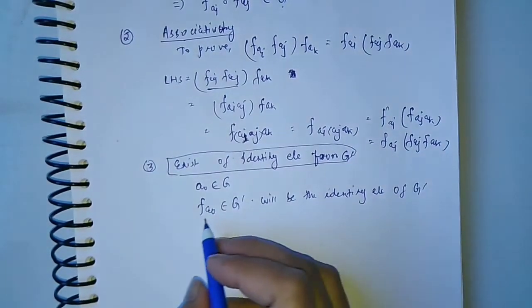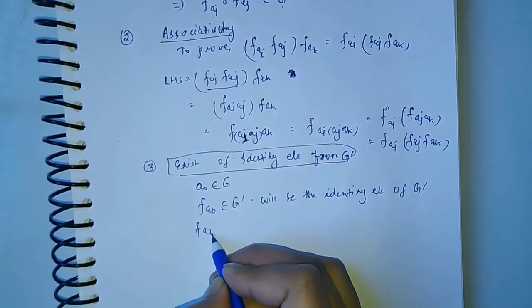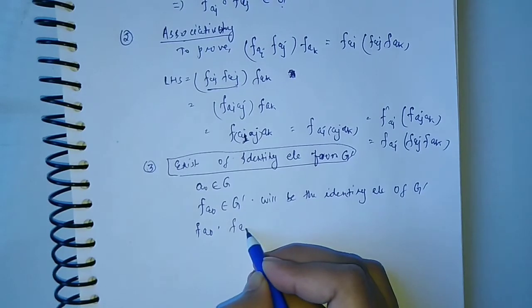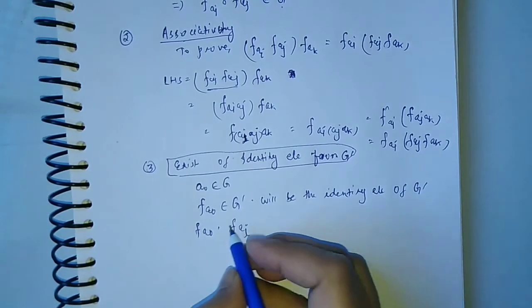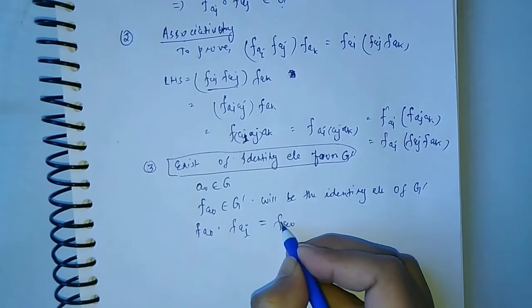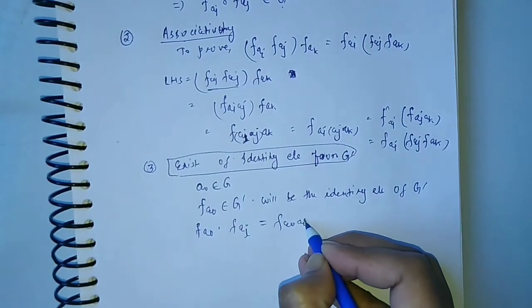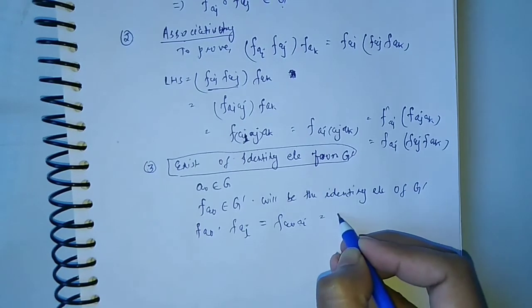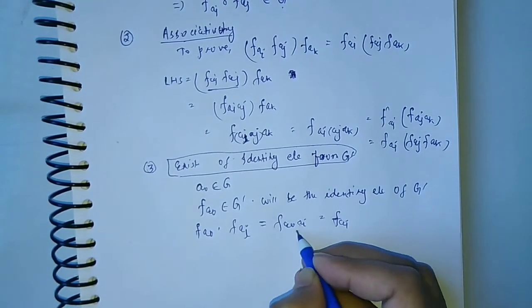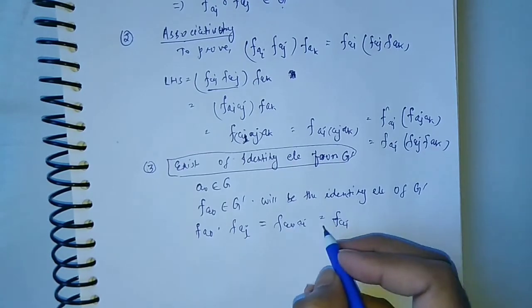We can prove it also. So let f(a naught) into f(ai), then applying the closure property here, it is equal to f(a0 ai), and a0 into ai is nothing but ai, because this is an element from our group G, so it is f(ai).